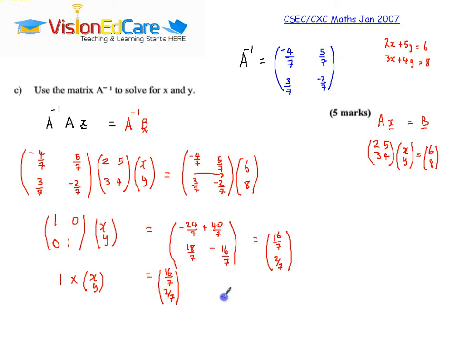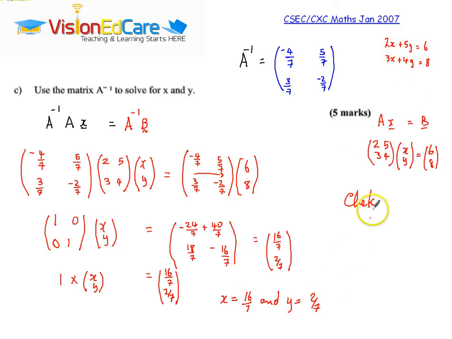So x equals 16 over 7 and y equals 2 over 7. Let us do a quick check to find out whether our values of x and y are correct. Our original equation is 2x plus 5y equals 6. We substitute the values of x and y into the original equation.